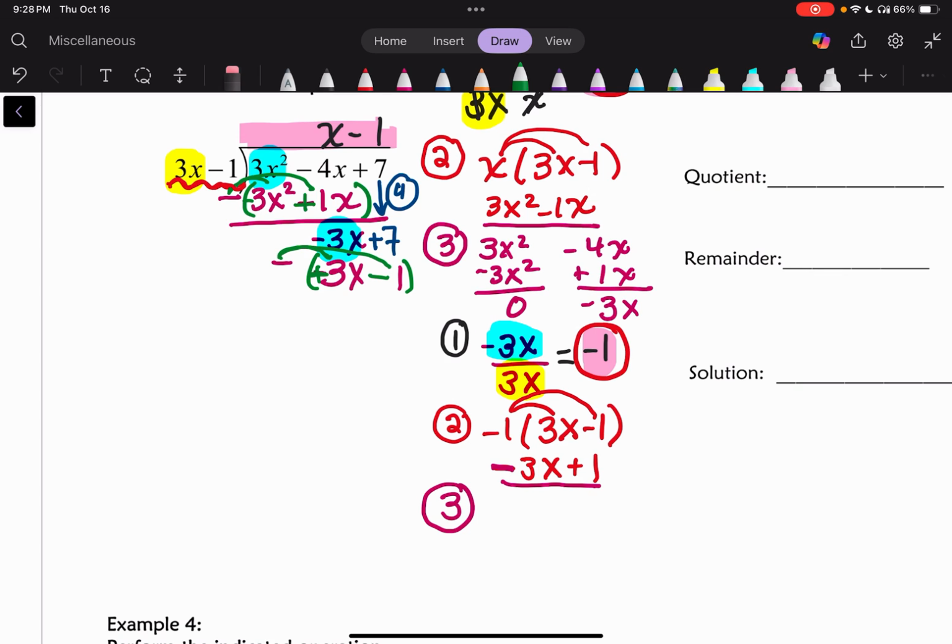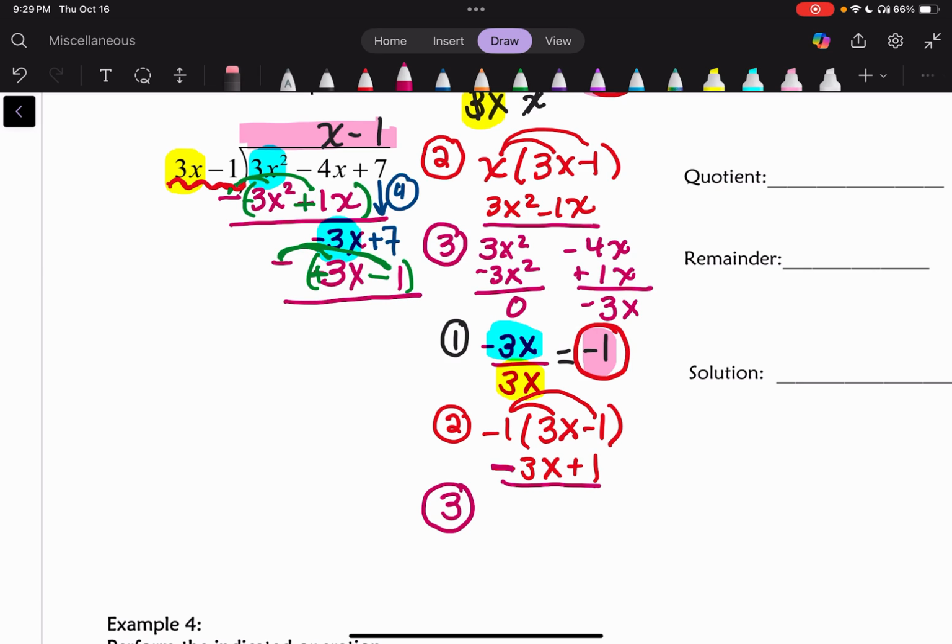And then the negative right here, that is still going to turn into a negative 1. Okay. So then from there, we are going to continue our subtraction.